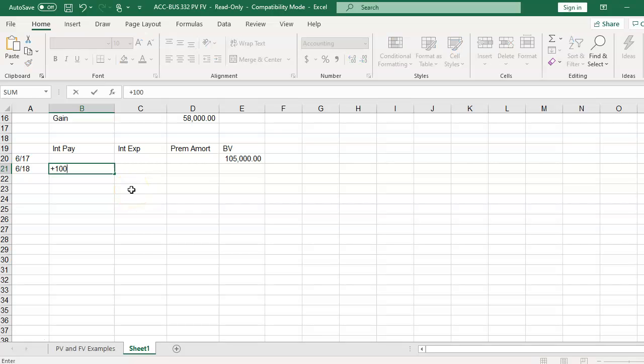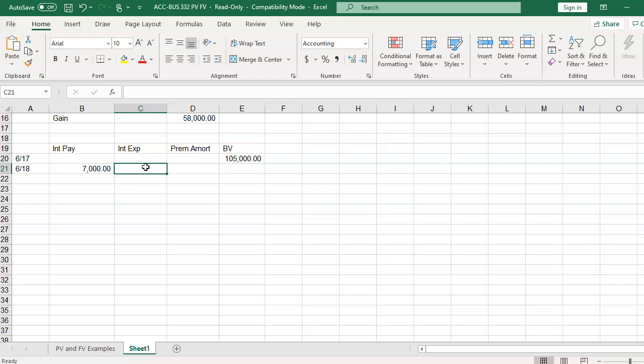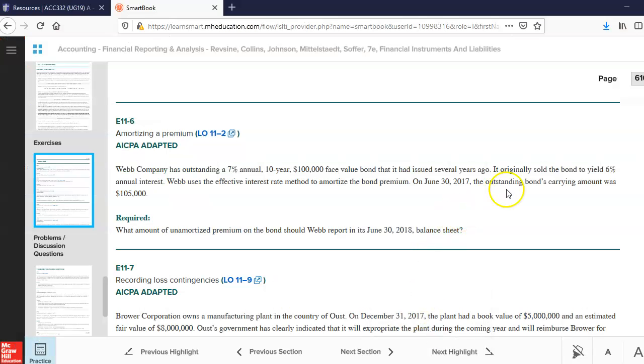So I'm going to pay 7% of $100,000 in actual cash to my bondholders every year. So they get 7,000.